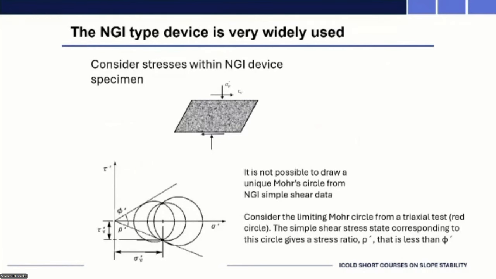We can't get a unique Mohr circle. So I'm very skeptical about people who derive friction angles from simple shear devices. You can get the shear strength ratio, undrained strength divided by vertical effective stress, but you can't really determine the friction angle because you don't know the principal stresses.